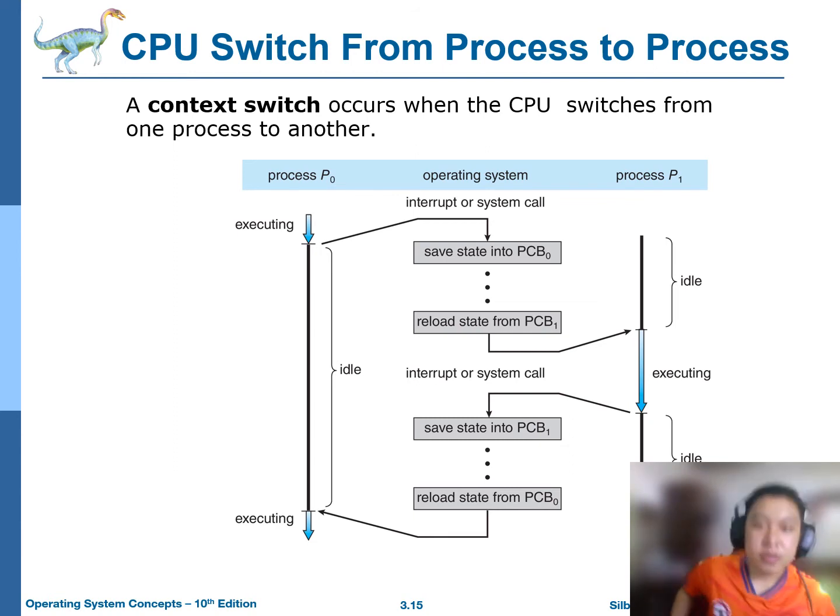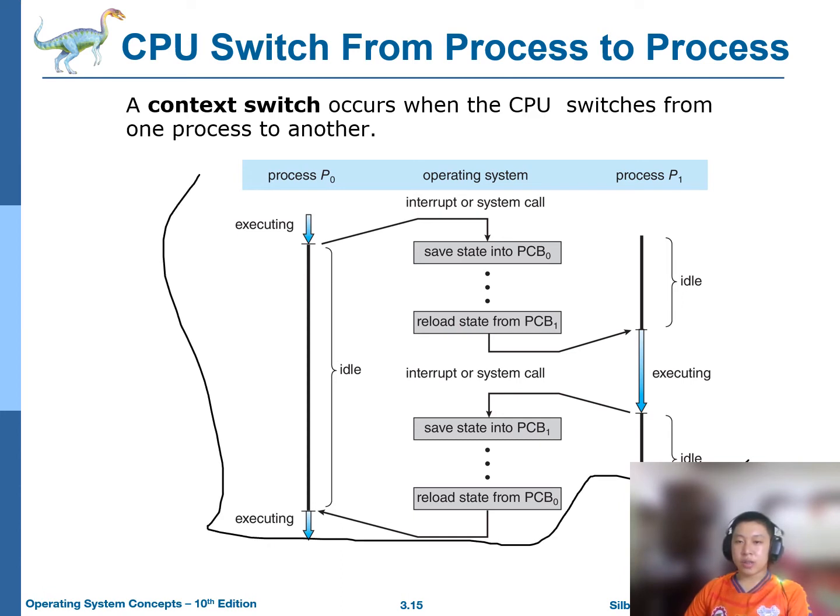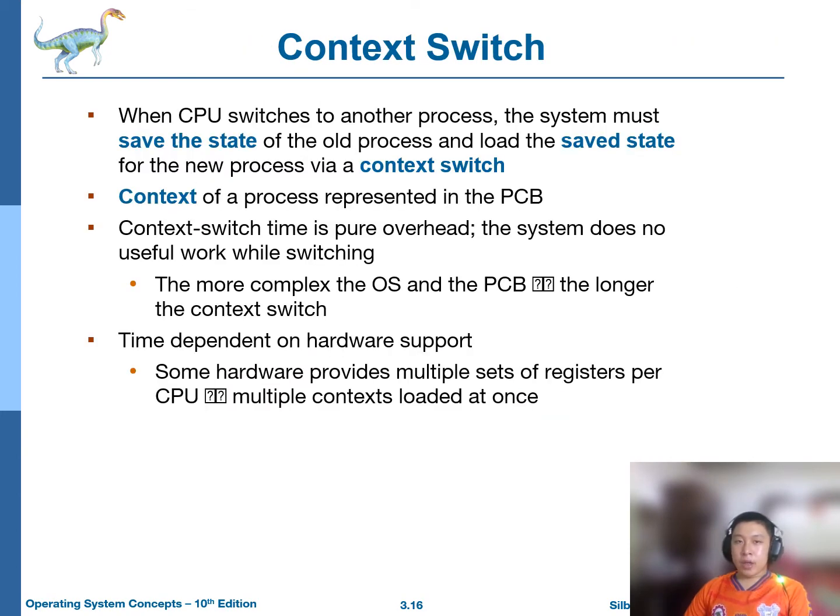The CPU switches from process to process. A context switch occurs when the CPU switches from one process to another. When the CPU switches to another process, the system must save the state of the old process and load the saved state for the new process.